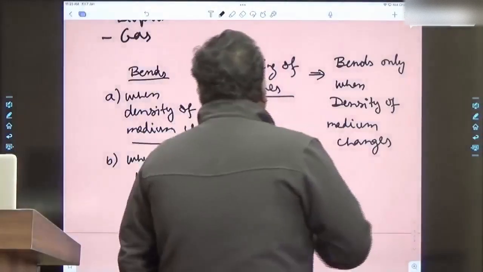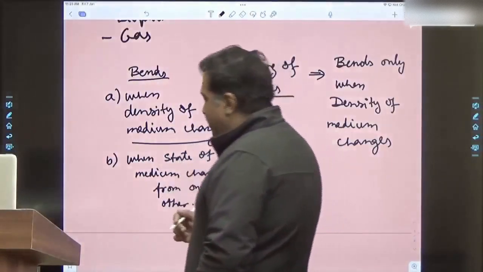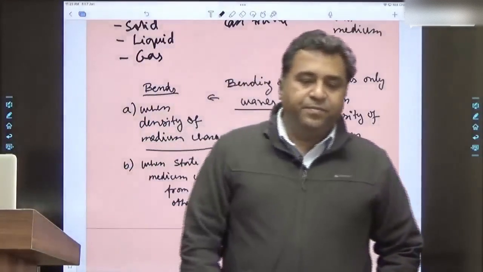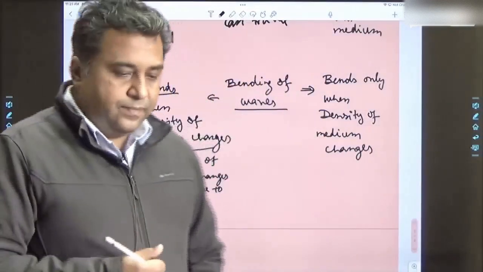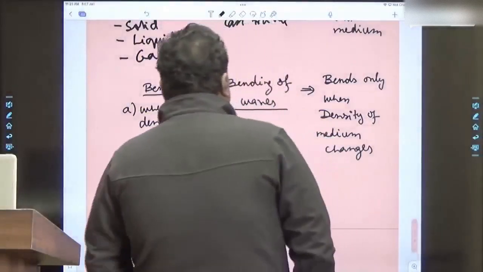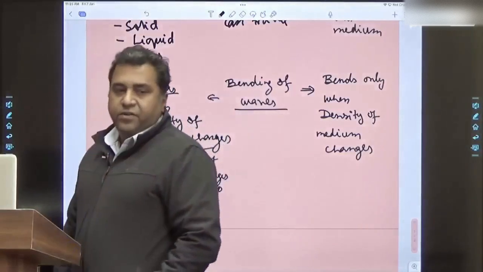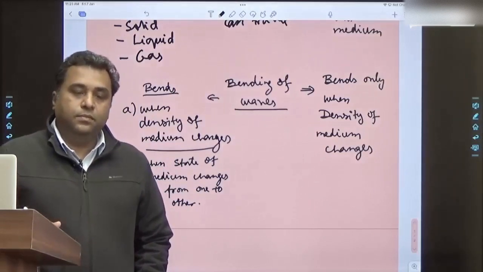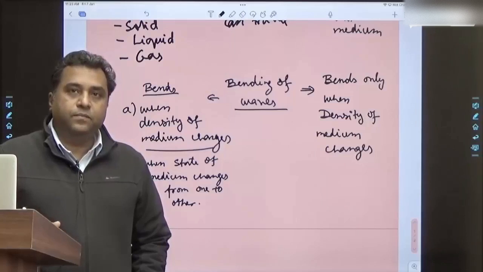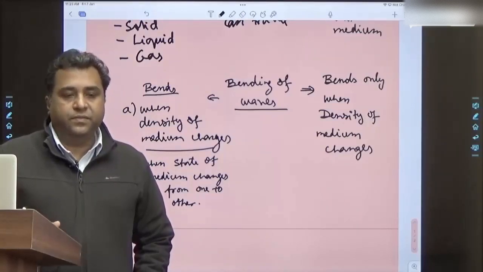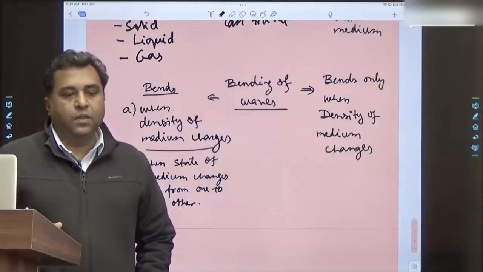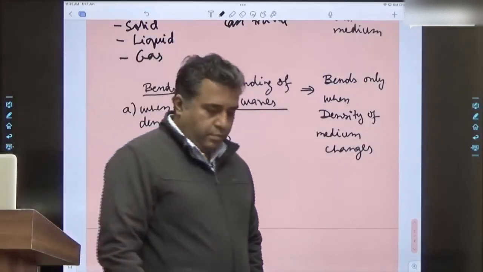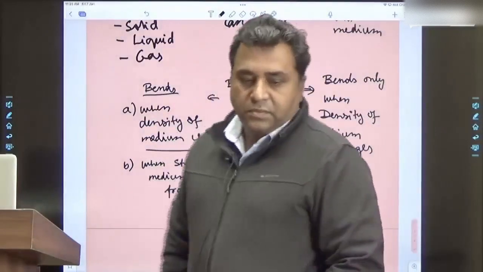Once you have written this much, you can write: these characteristics of the P wave and S wave help us in better understanding the interior of the earth, as discussed below.